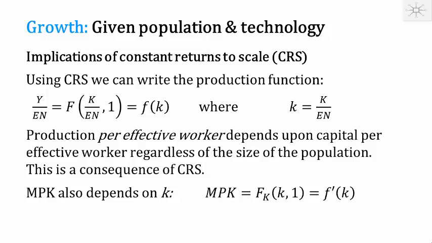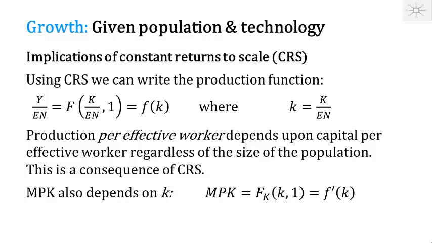And the point here is that production per effective worker depends on capital per effective worker, independent of the size of the population. It doesn't matter if we have a country with 10 million people or 100 million people. What matters for income per capita is the capital stock per effective worker. And this, of course, is a consequence of constant returns to scale.